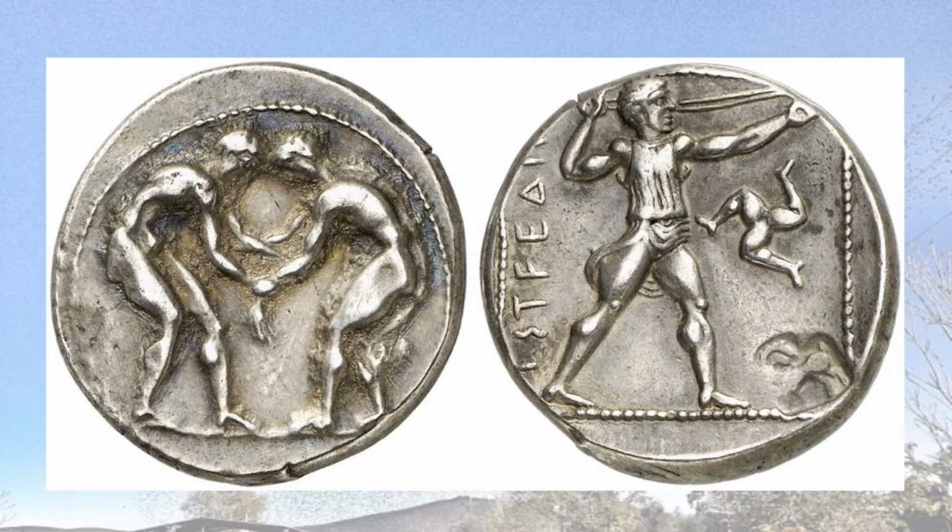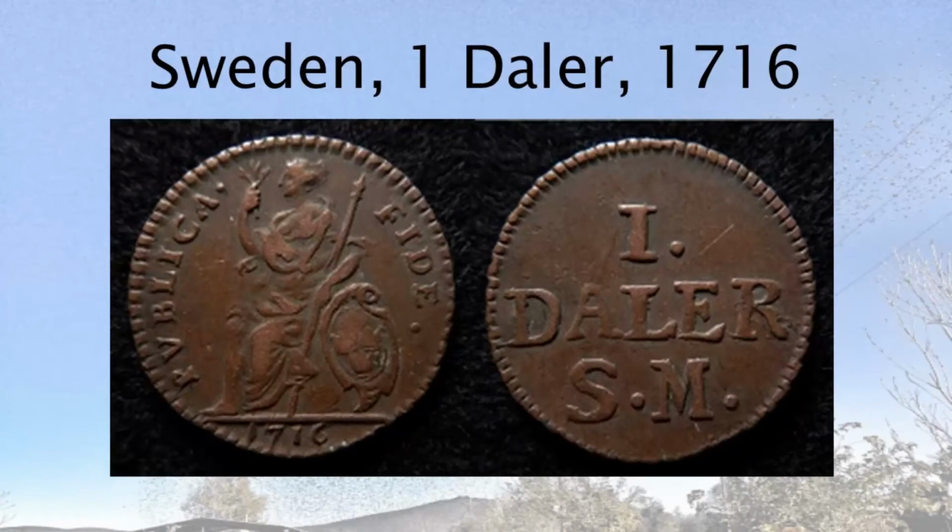The city of Aspendos in what is today Turkey in the 4th century produced coins with athletic events that they were famous for and promoted. So wrestlers appear on the obverse, a slinger appears on the reverse. And again, an example of continuity, this type of national character appears even in the modern period.